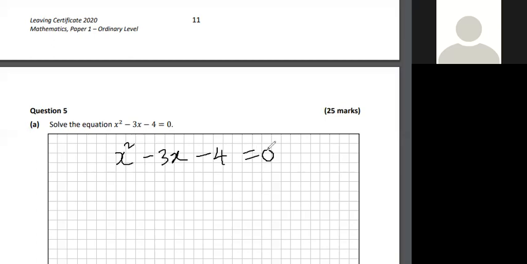There is a value here which is 1. You can see your x squared is only 1. So you have only 1x squared.